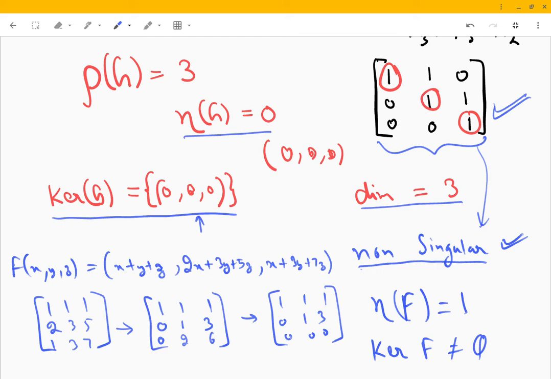I should not write that, it is never empty. The 0 0 0 vector is always present in the kernel. So the dimension of the kernel of f is more than 1. Am I right? No, I don't think I'm right. The dimension of the kernel of f is 1 actually.